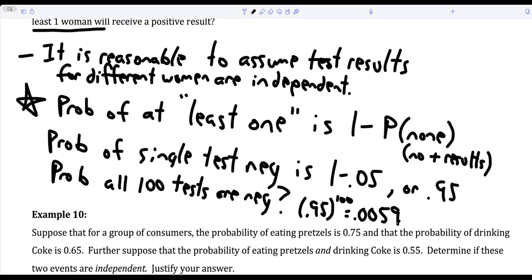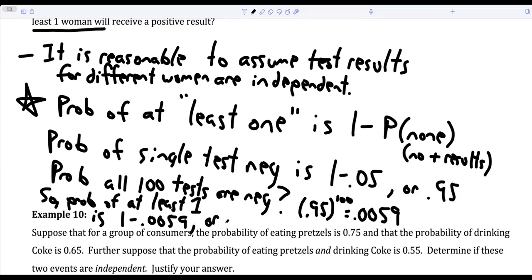Okay, so this is the probability that none of them have a positive test. So to find the probability that at least one of them has a positive test, we're going to do 1 minus this probability. So probability of at least 1 is 1 minus 0.0059 or 0.9941.